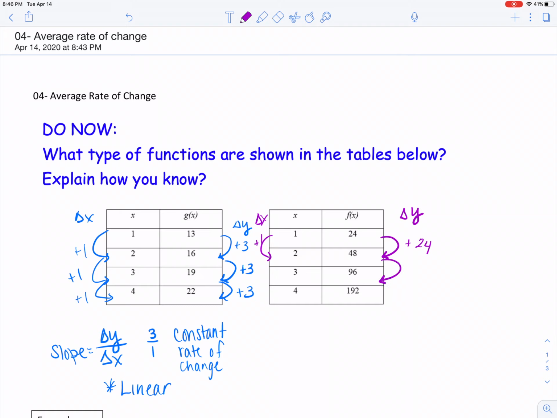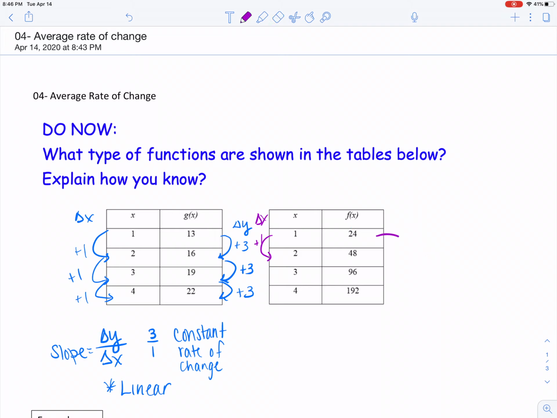Well, if I add 24 to 48, I would get 72, which is not 96. So therefore, there is not a constant rate of change. Here, I would be adding 40, whatever, I don't know, but not 24. So let's look at a different relationship.